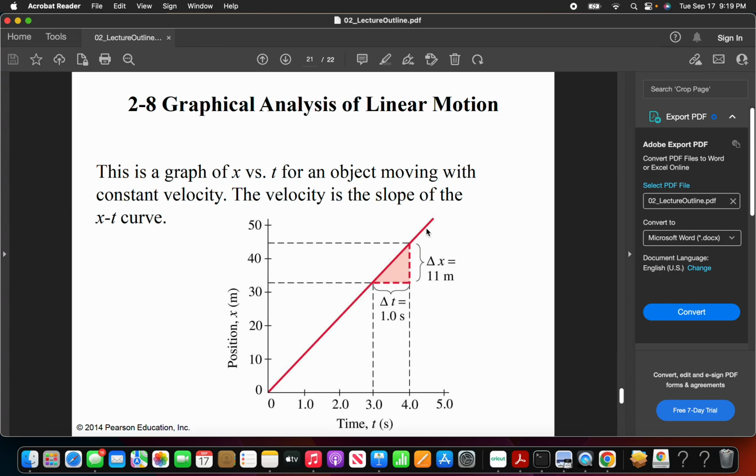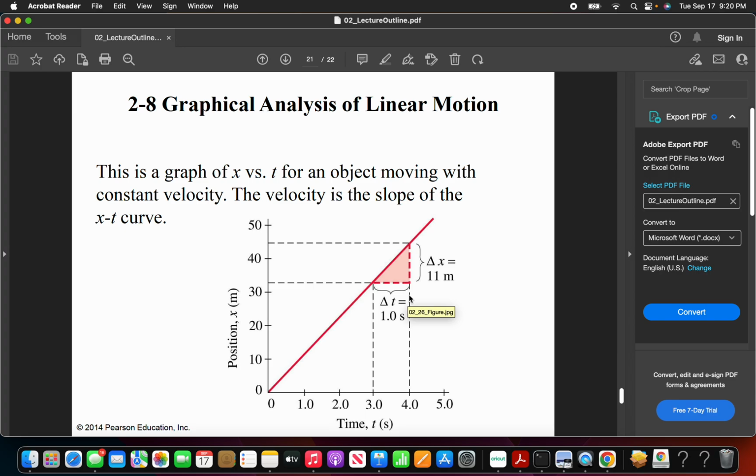So that goes back to v equals what? Delta x over what? Delta t. Okay? So, 11 meters per second, right? So delta x is 11, delta t is 1.